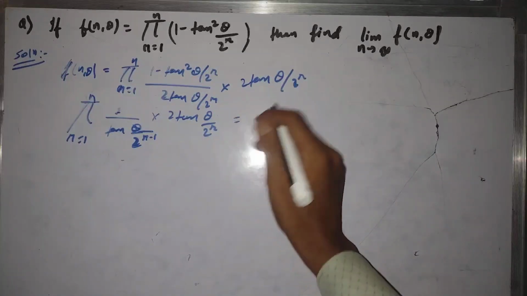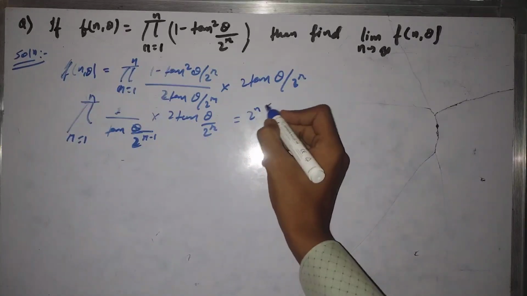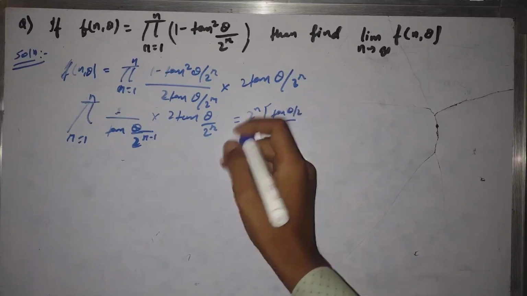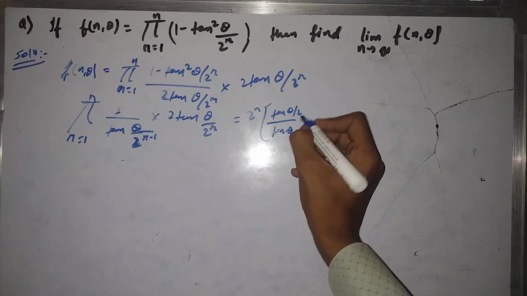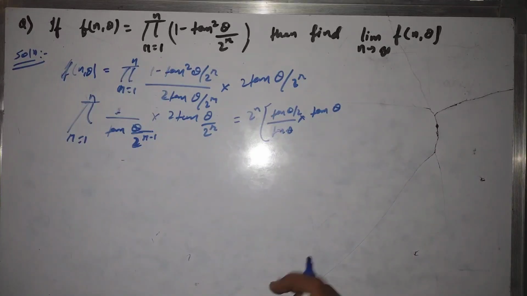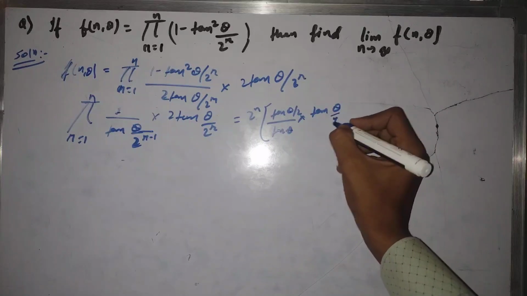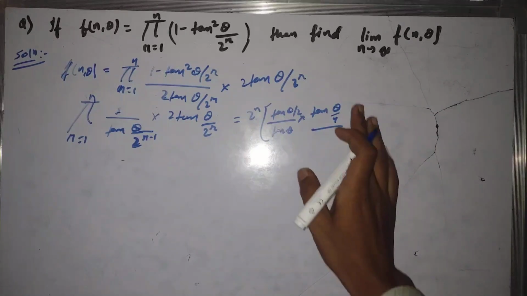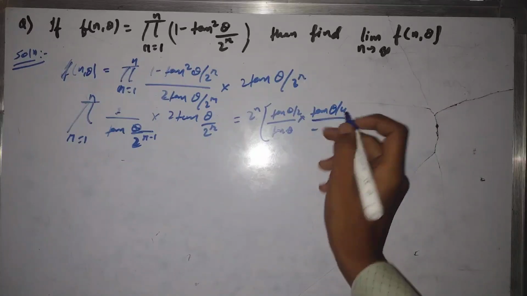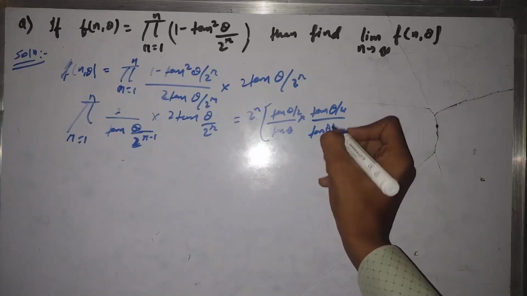So this is 2 to the power n, and here we can see it is tan theta by 2 upon tan theta. Here it is tan theta by 4, and here it is tan theta by 2.